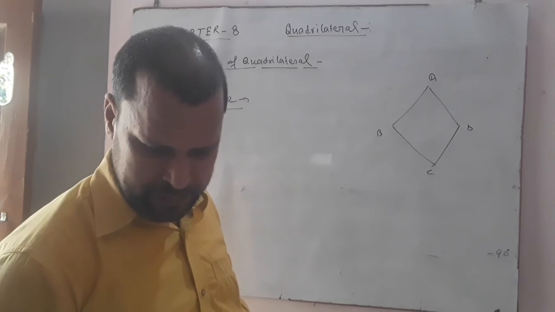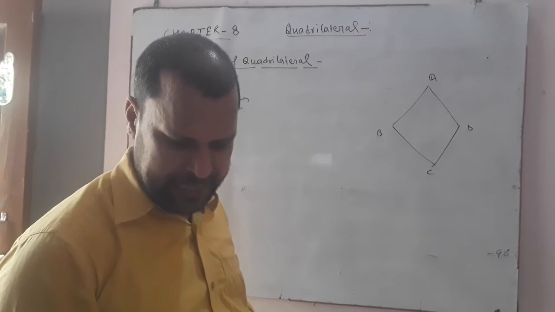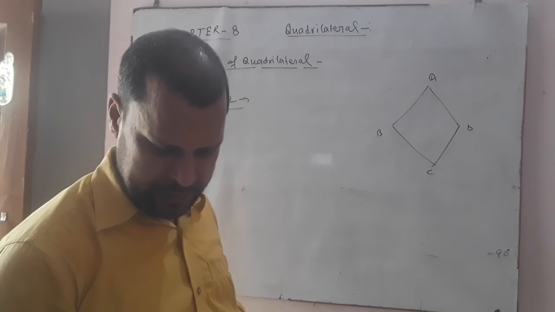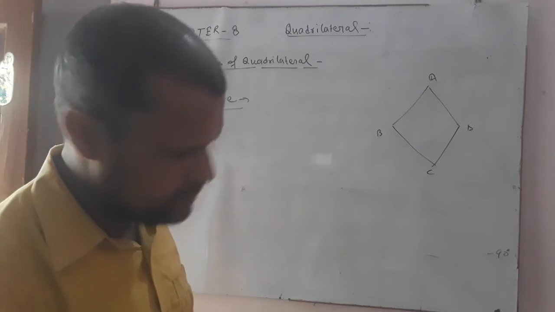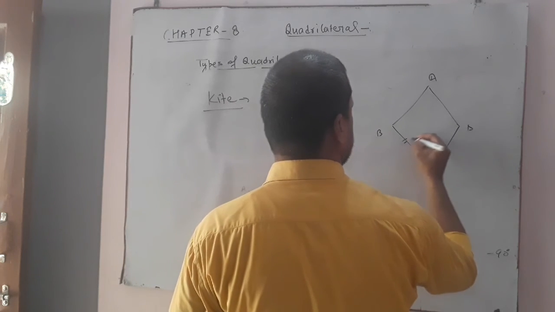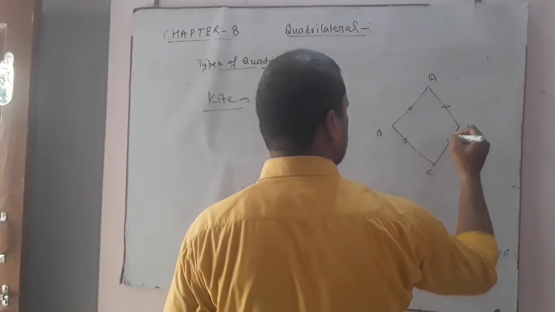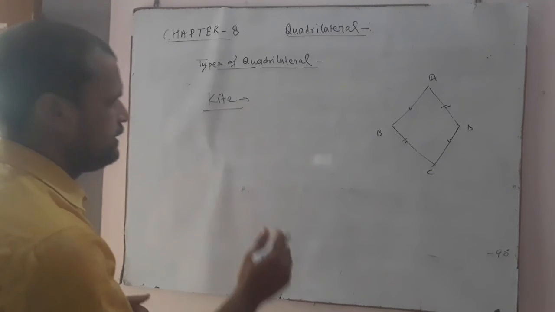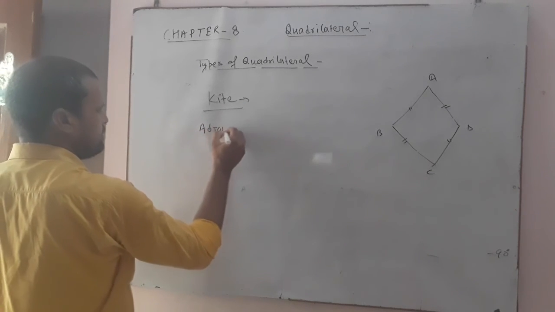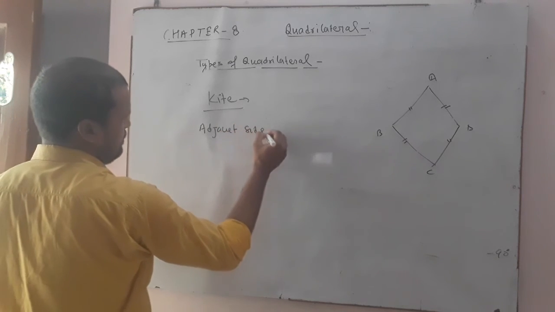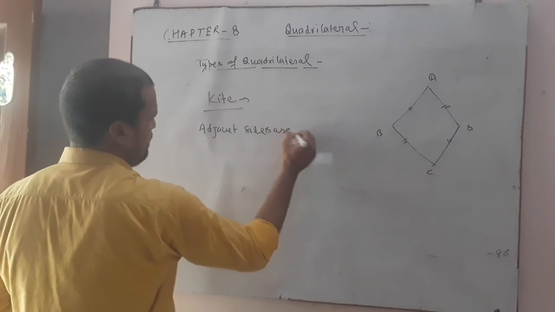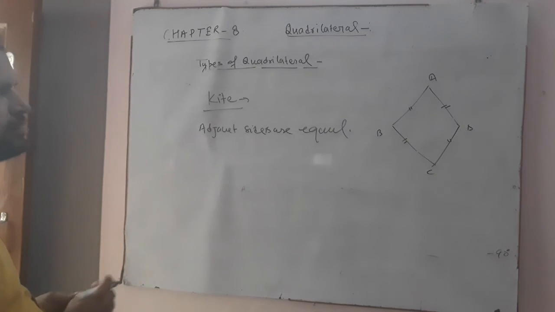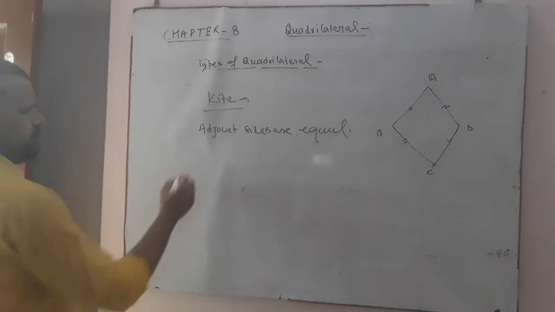In a kite, two pairs of adjacent sides are equal, meaning this equals this and this equals this, and the parallel sides are unequal.